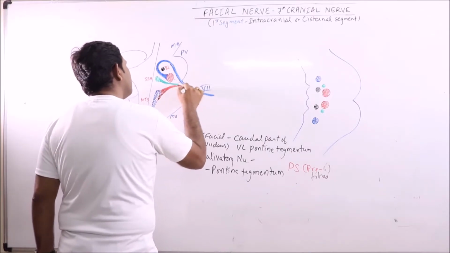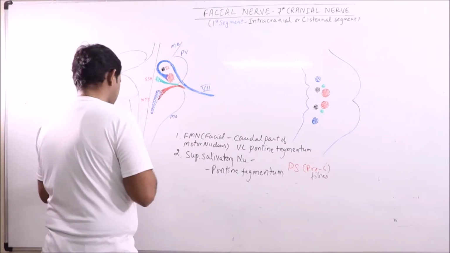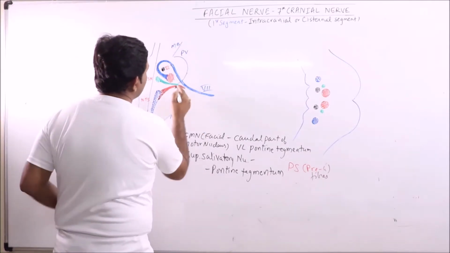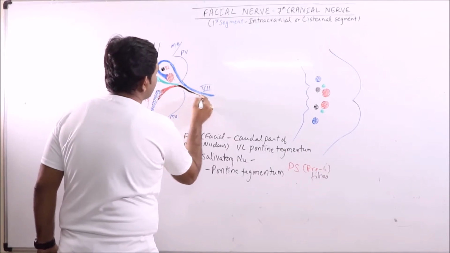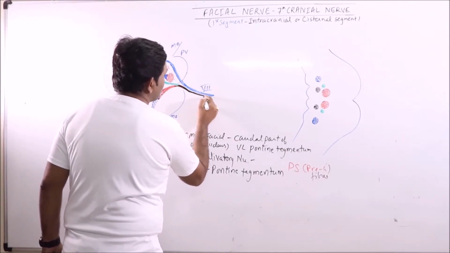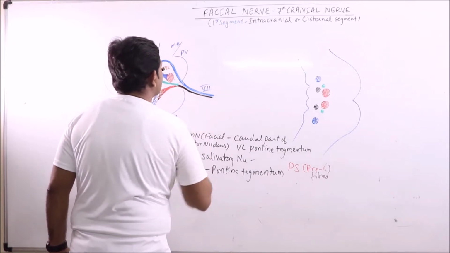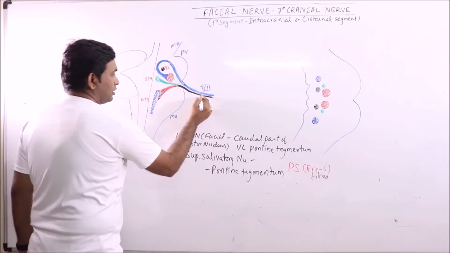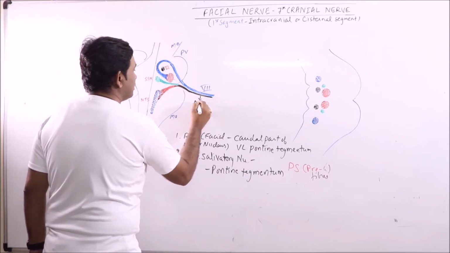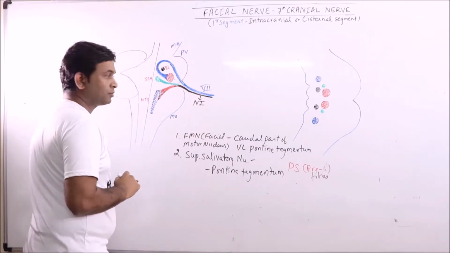So both of these combine and emerge out as a common nerve which is lateral to the main motor trunk of the facial cranial nerve. This is known as nervus intermedius.